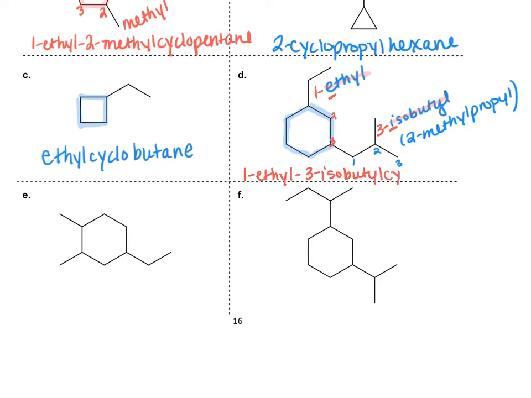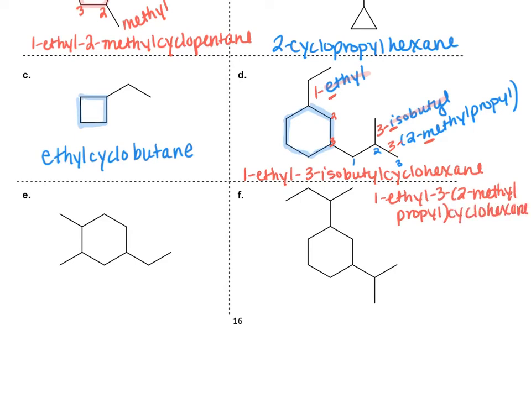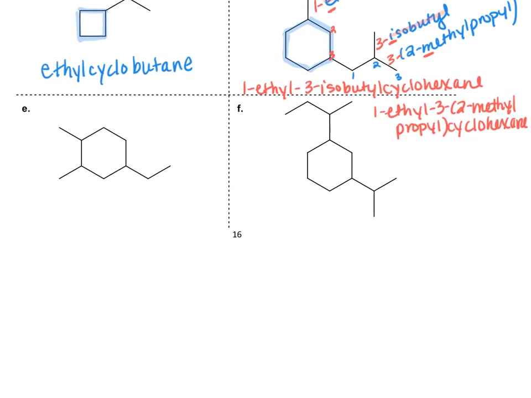Parent chain is cyclohexane. Or if we use the other name here, we'd alphabetize according to M. So it'd still be 3 here. You could call it 1-ethyl, 3-(2-methylpropyl), cyclohexane. As you can see, the names are starting to get pretty long.